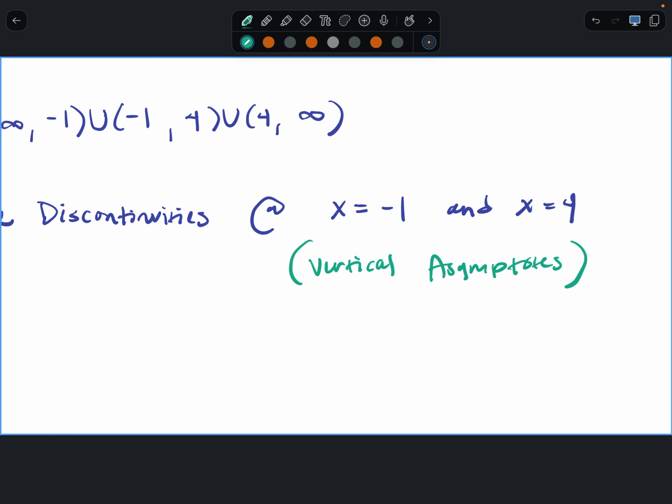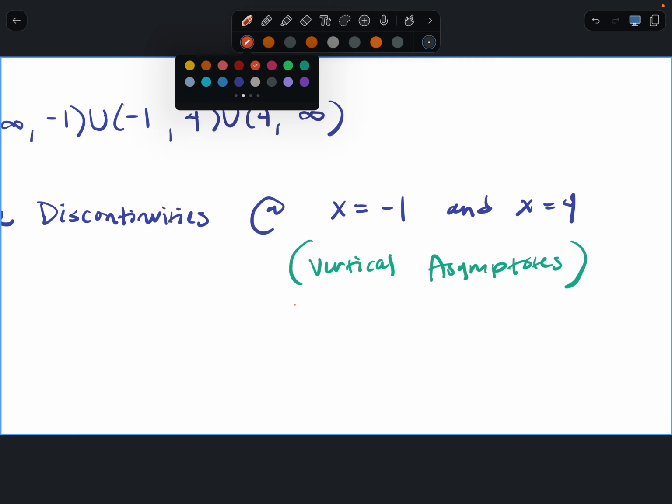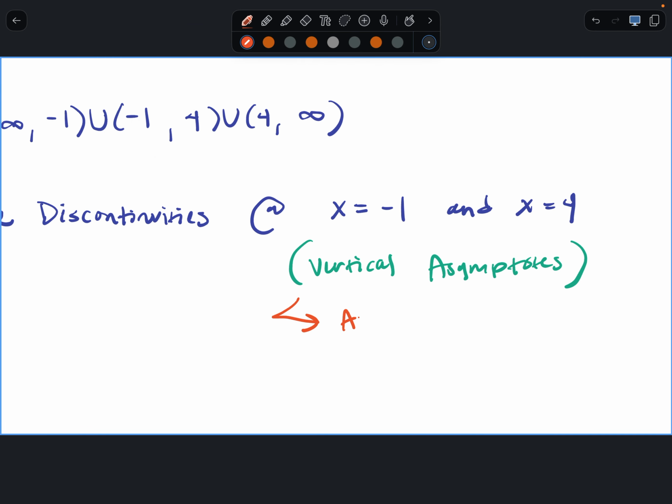If you think back to the simplest rational function that we talked about a couple days ago, 1 over x, remember how 0 corresponds to a vertical asymptote? If you plug in 0, you'd have 1 over 0. So we know that each of these values corresponds to a vertical asymptote because after direct substitution, you get a non-zero real number over 0.